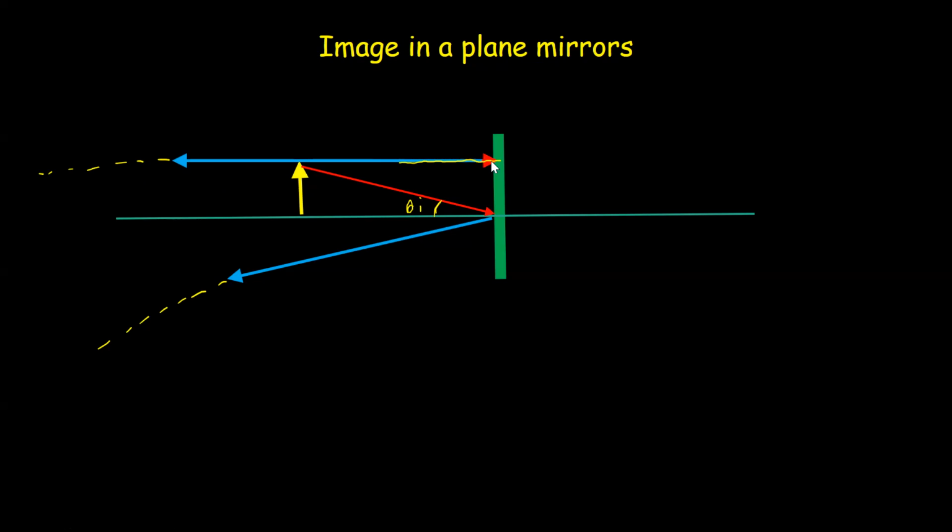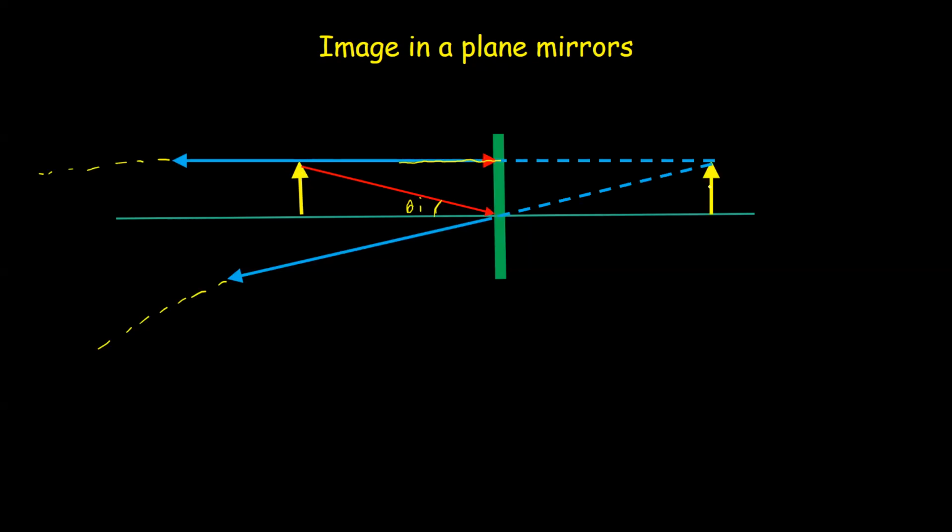But if I continue the reflected rays at the back of the mirror, they can cross each other. Let's see. As you can see, the reflected rays cross each other at the back of the mirror. So this point where they cross is the image of the tip of this object, the tip of this arrow.